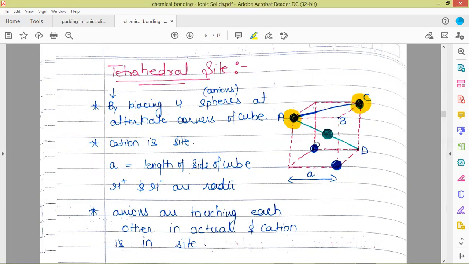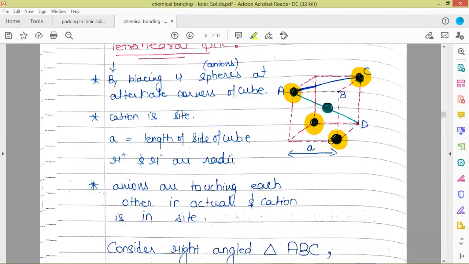I'm marking them as yellow in color, and the green one is representing the cation present in the tetrahedral site. Here the side length AB of the cube is A, r positive is the radius of cation, and r negative is the radius of anion. Anions are touching each other in actual, and the cation is in the site.